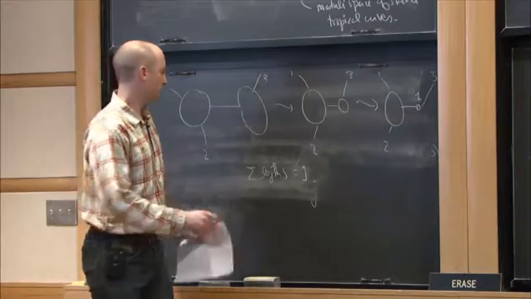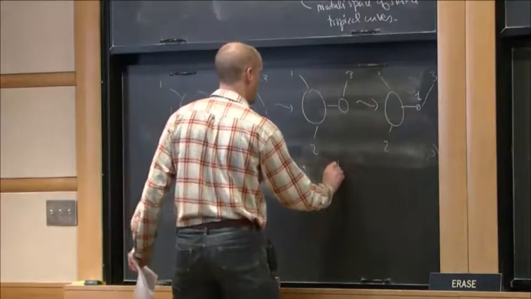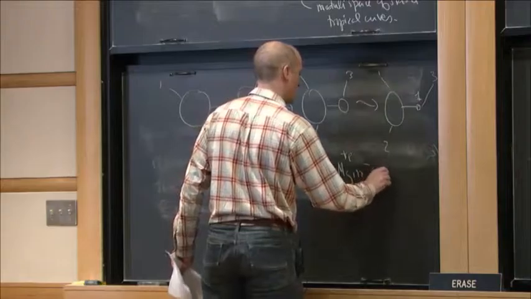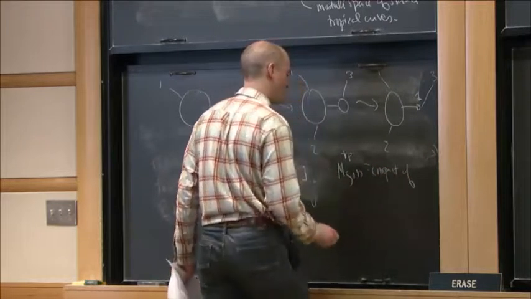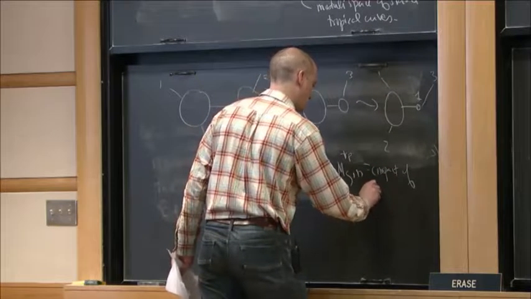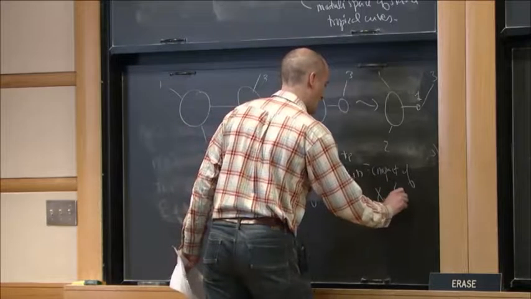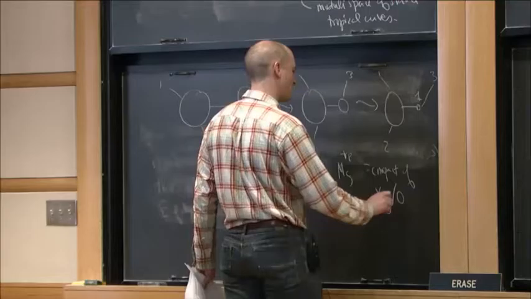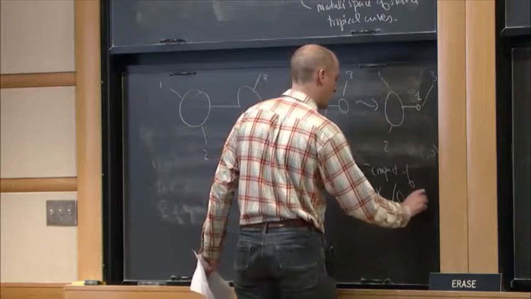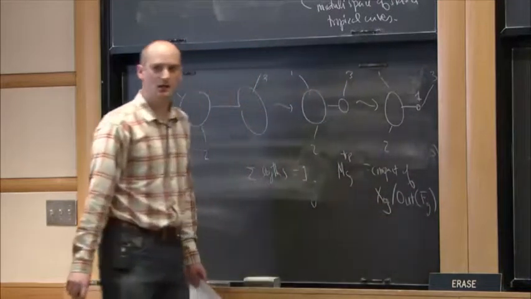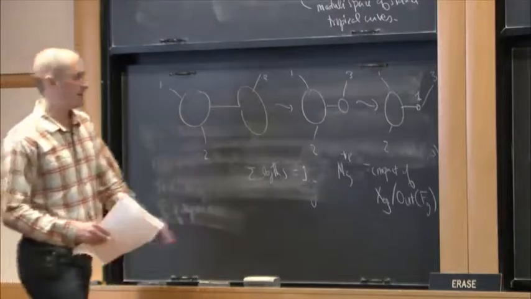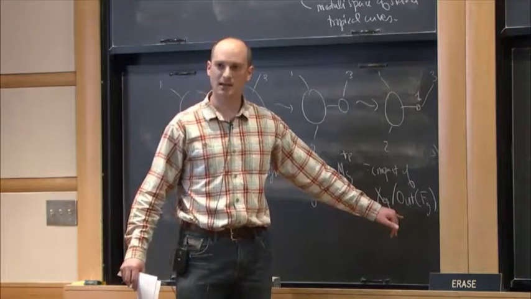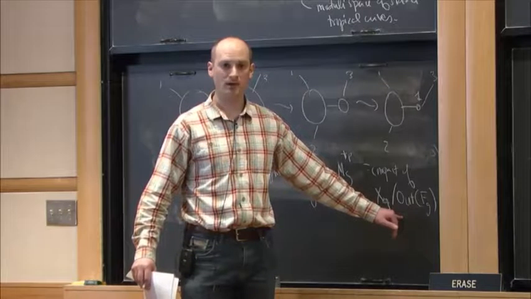So, okay, maybe from the faces I see that I need to say more. M_g tropical is a compactification of X_g mod outer automorphisms of F_g. Outer space is a specific realization of the classifying space of the outer automorphism group of a free group.